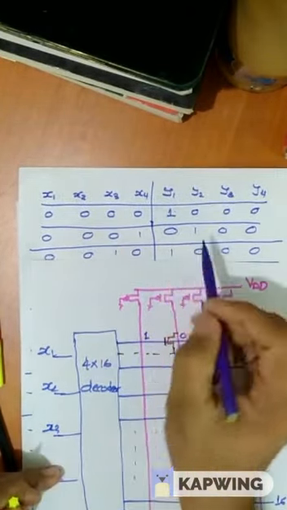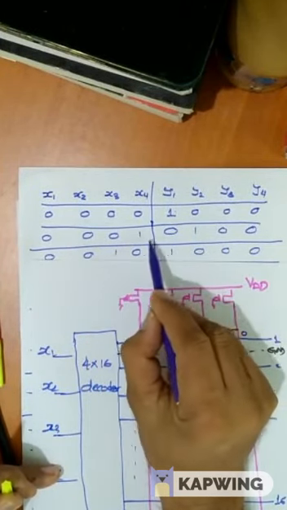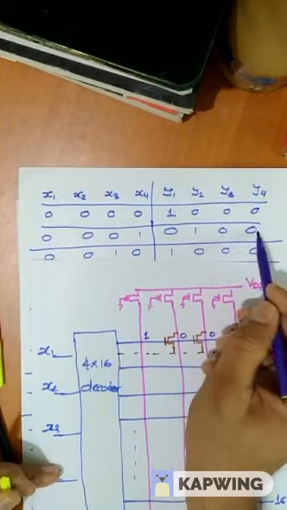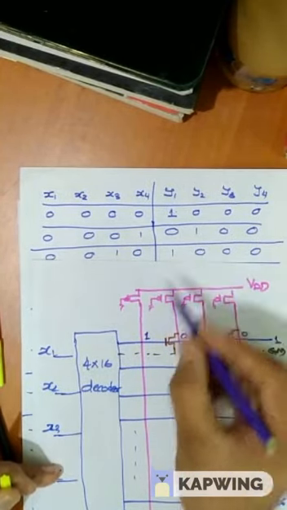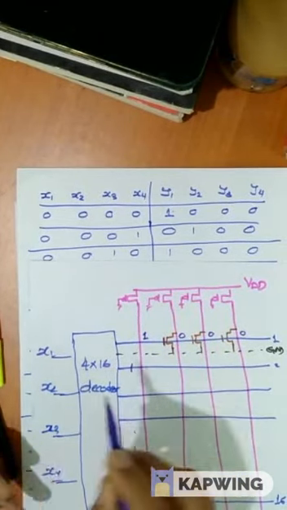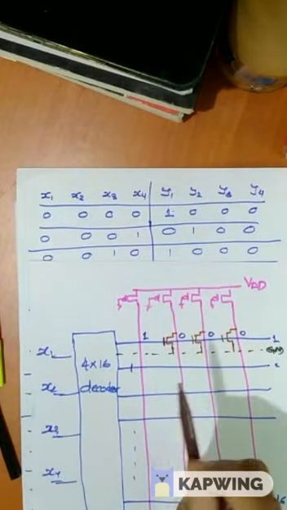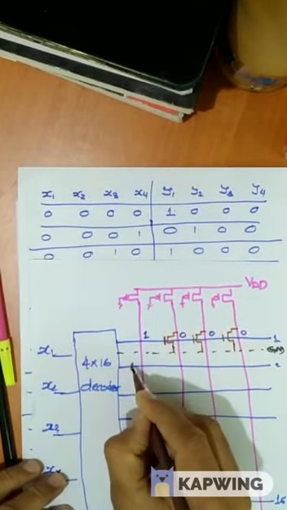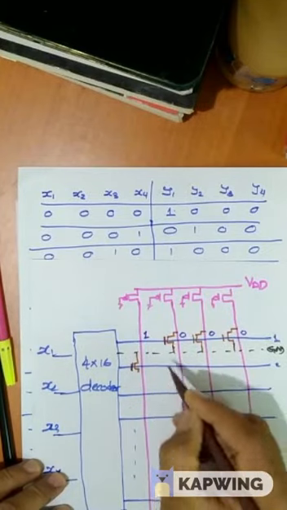The second line is for the 0 0 0 1 input. 0 0 0 1 is the input combination, and the output is 0 1 0 0. 0 1 0 0 means the first line is having a transistor. So this ground line is shared, this is 0.